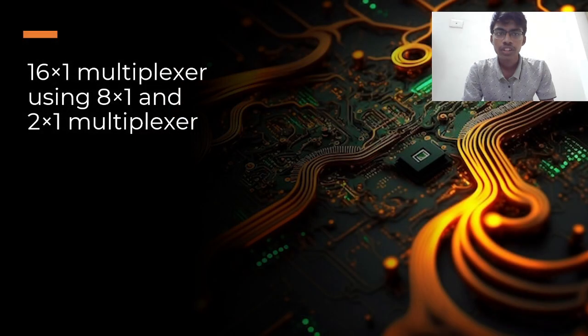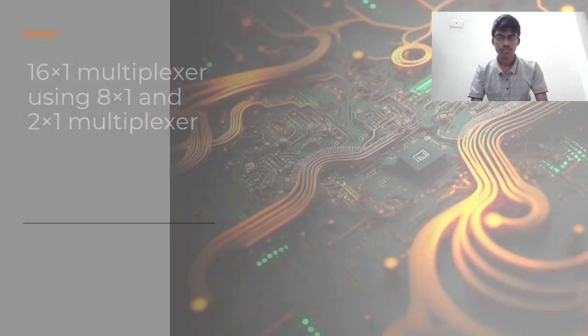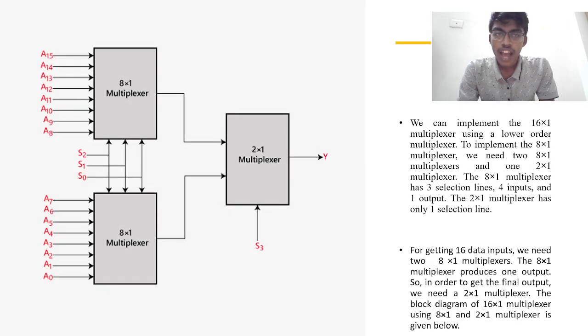Now let us look into the derivation and simplification of a complex multiplexer, meaning a higher order multiplexer, from 8 cross 1 and 2 cross 1 multiplexers. So that is nothing but a 16 cross 1 multiplexer. As said earlier, for a 16 cross 1 multiplexer, its inputs can be divided into two parts, 8 and 8.